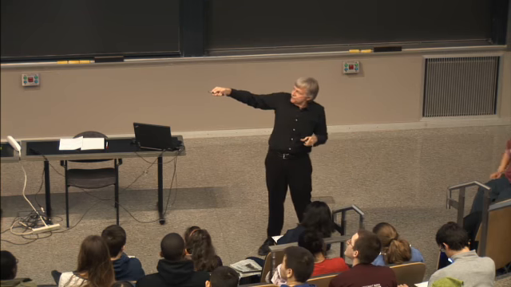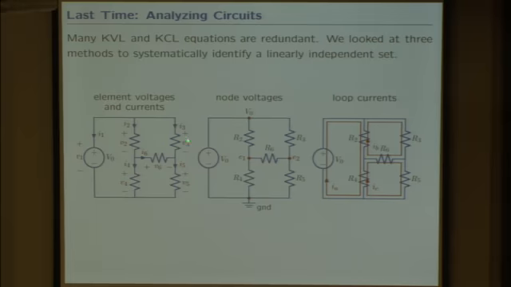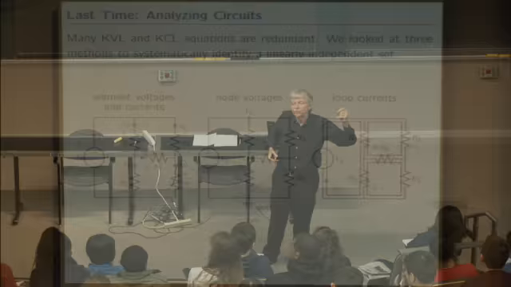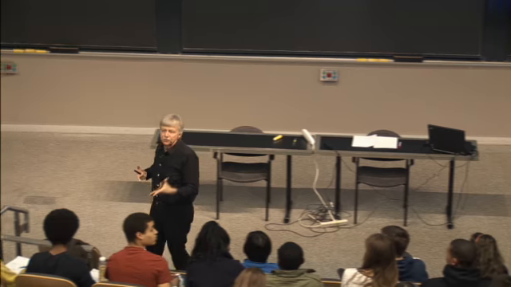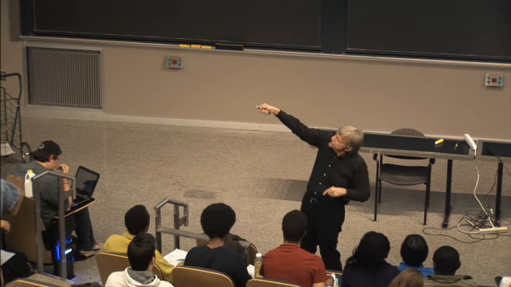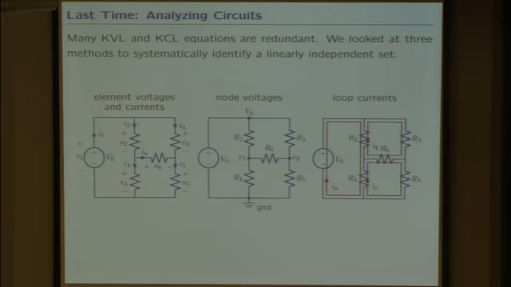In this example, you've got 6 elements, 6 voltages, 6 currents, 12 unknowns. You need to come up with 12 equations.